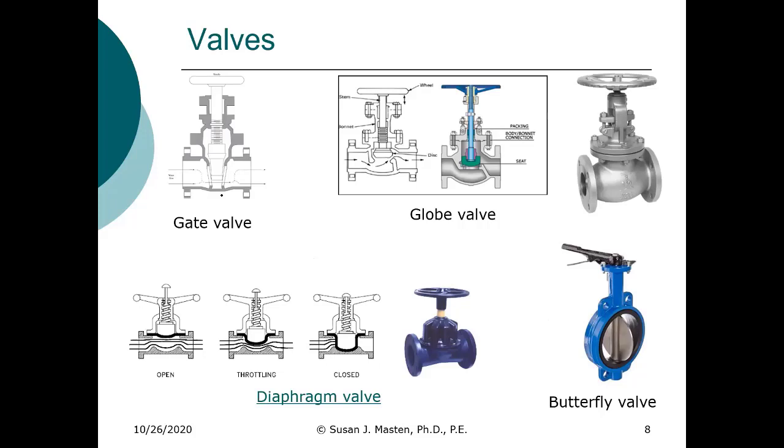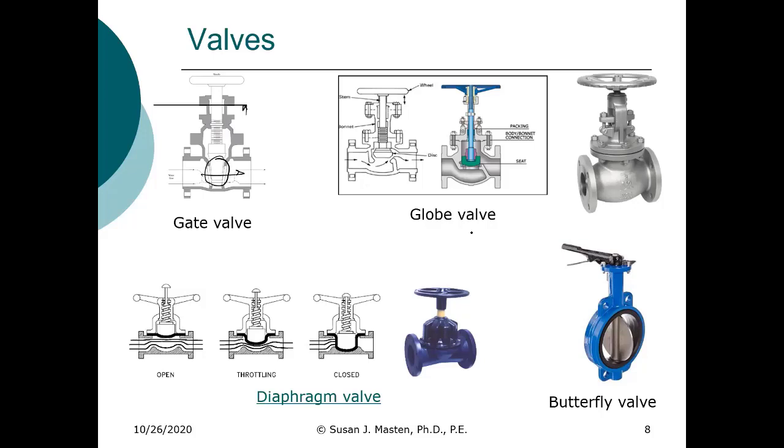It has a flat or a cylindrical or a spherical surface that slides across an opening. So water would normally, if this is up, then water flows through. If it's screwed down, then you have no flow.